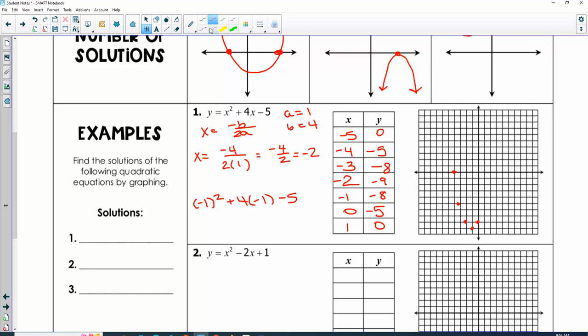Got off on my counting. So, negative 5, 0. Make sure you count appropriately. This graph's a little bit smaller, so a little harder to see.